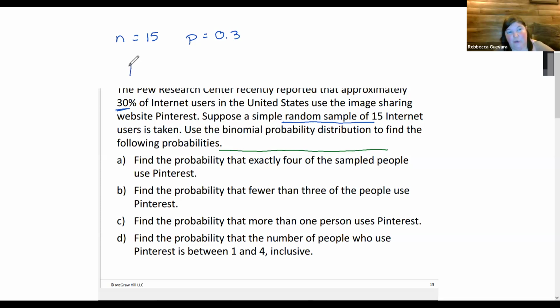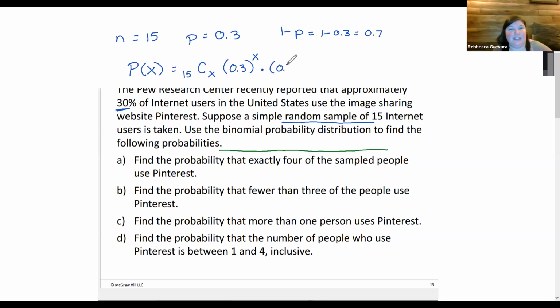In general, the formula we have, because X is changing in each question here, is P of X equals 15 C X, whatever X happens to be, times P, which is 0.3, to the power of X, times 1 minus P to the power of N minus X. So that is my failure. 1 minus P is just going to be 70%.